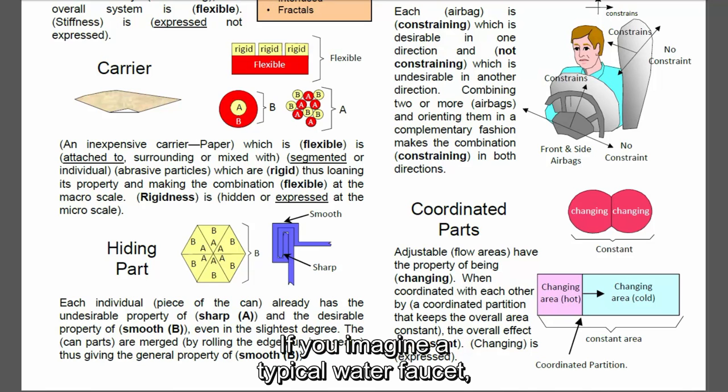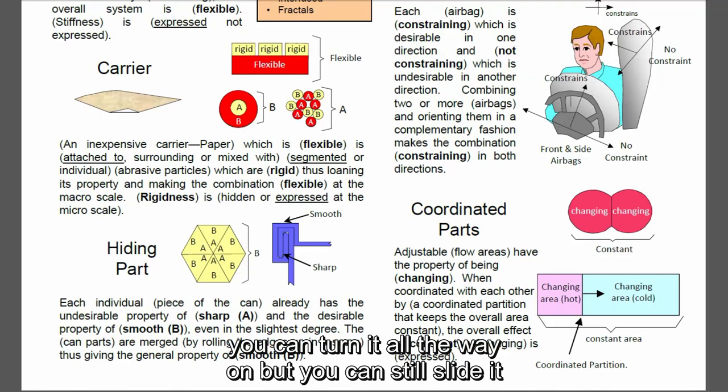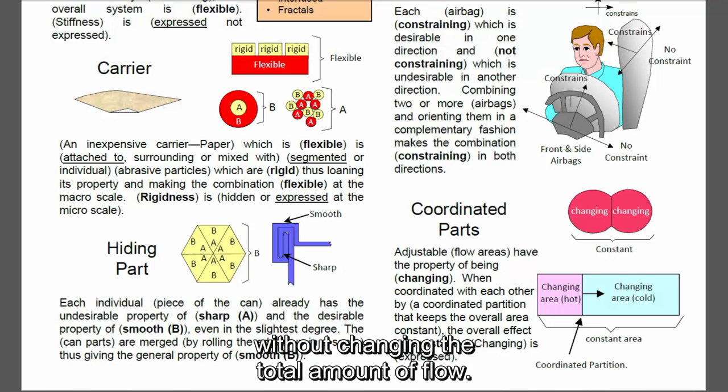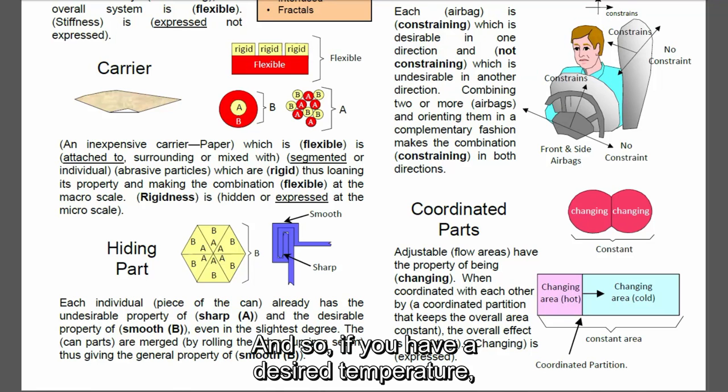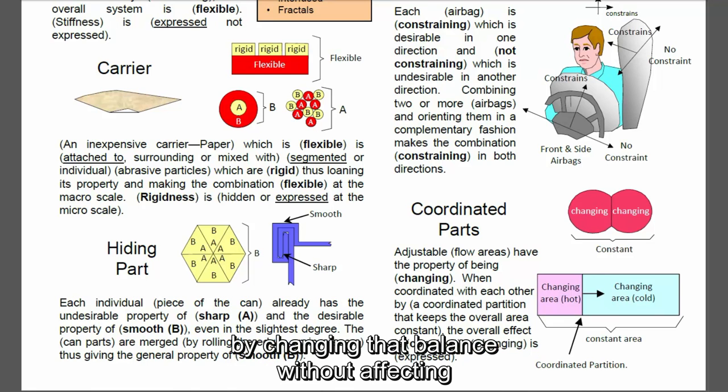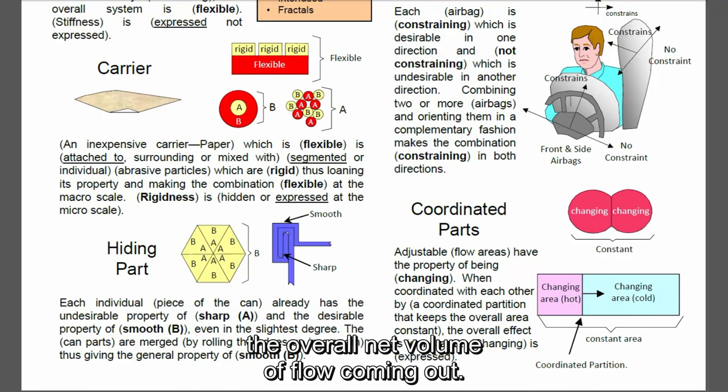If you imagine a typical water faucet, you can turn it all the way on, but you can still slide it over to cold or hot or various places in between without changing the total amount of flow. And so if you have a desired temperature, you can get there with the proper balance of hot and cold water, and you can change that temperature by changing that balance without affecting the overall net volume of flow coming out.